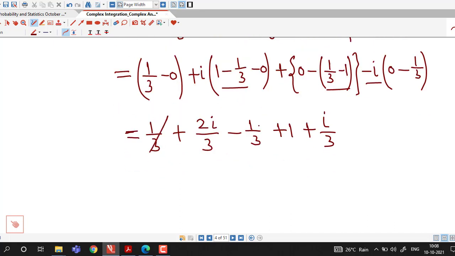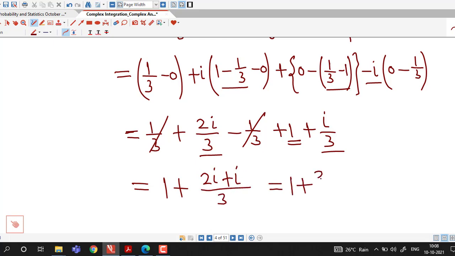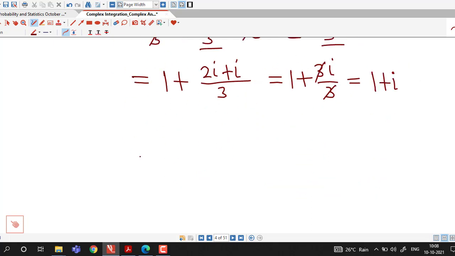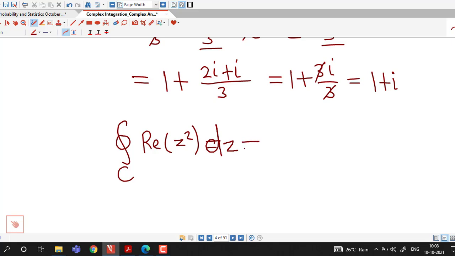So here 1 by 3 will cancel out, and we have this 1 plus 2i by 3 plus I by 3, so that we can rewrite as 2i plus I divided by 3. So we have 3i divided by 3, and 3 will cancel out, and we have 1 plus I. So value of given contour integral is 1 plus I along the boundary of the square with given vertices.